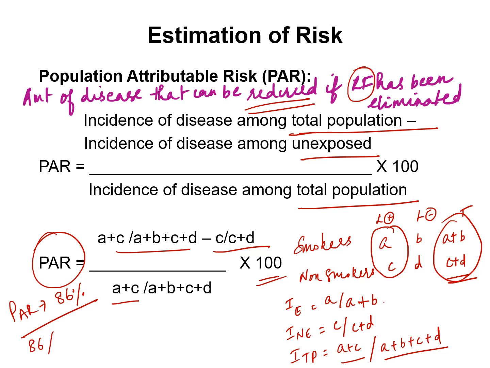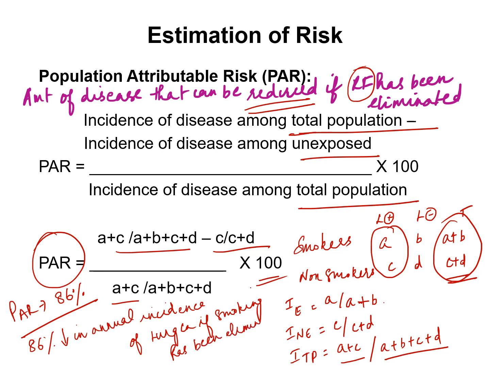It means an 86% reduction in the annual incidence of lung cancer if the risk factor has been eliminated, that is, if smoking has been eliminated from the population. Alright, so this is about population attributable risk.